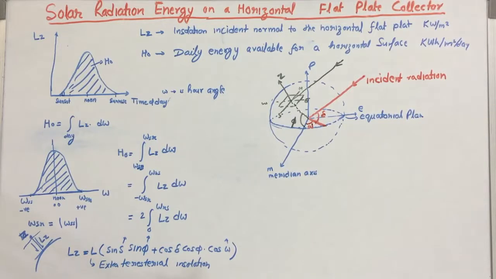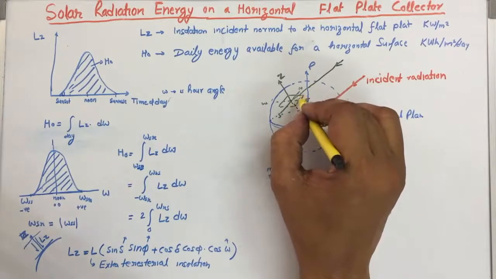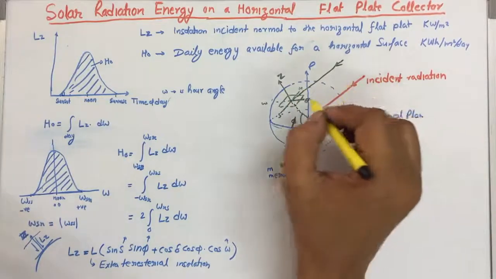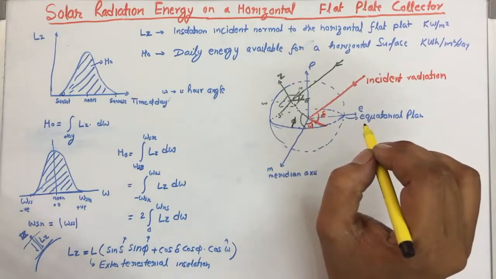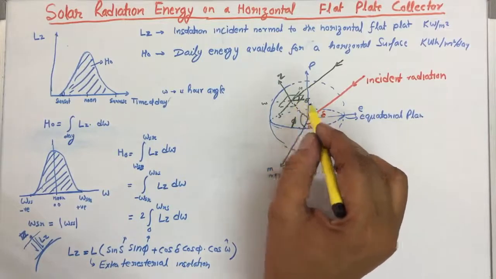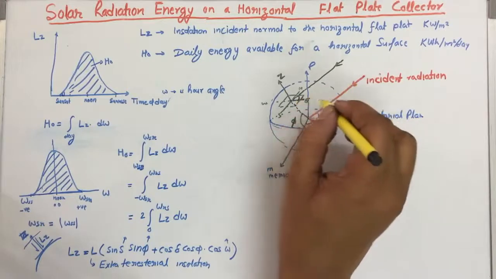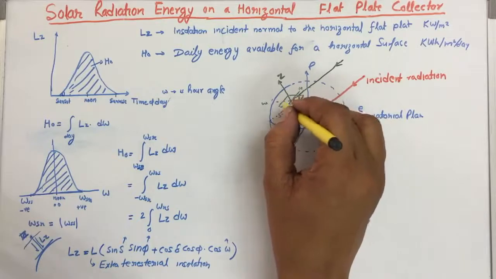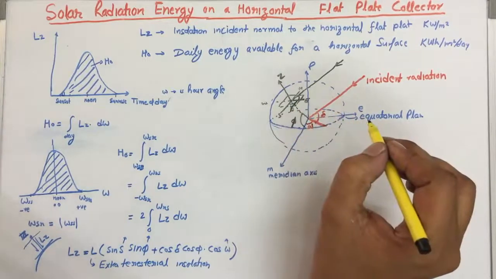With the projection of this, the angle between this radiation and this axis is our delta, that is already discussed, and this with respect to south pole is gamma s.